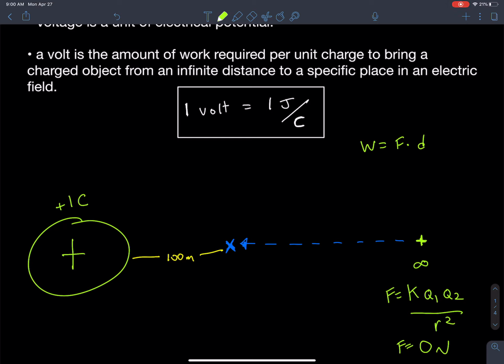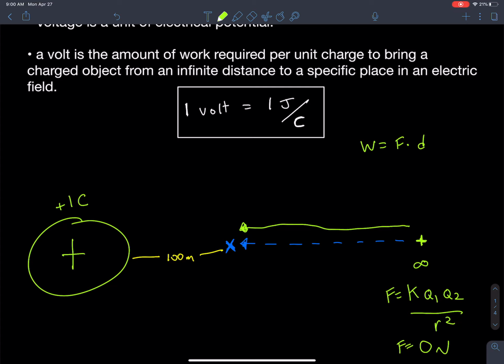Okay, and with that force, basically I wouldn't have to do any work whatsoever to move that charge around. But as I move this charge towards here, okay, now I'm getting to 100 meters. That's a lot smaller of a number. That force is going to start to get larger and larger as we start to move that charged object there.